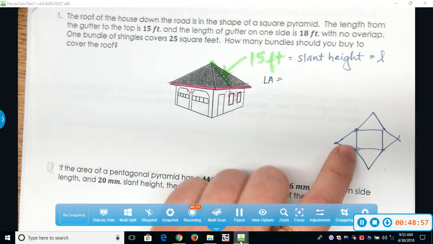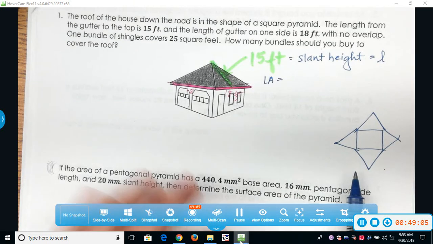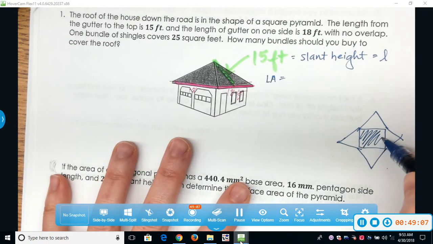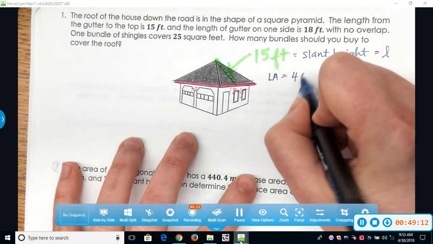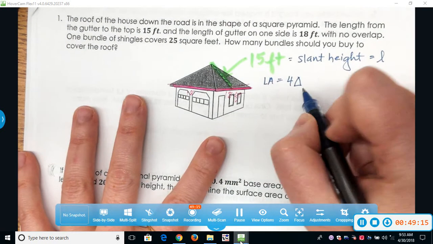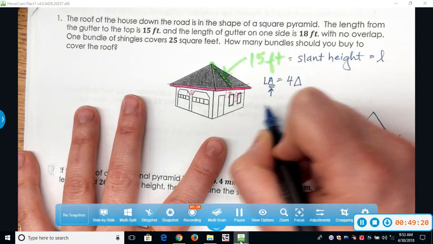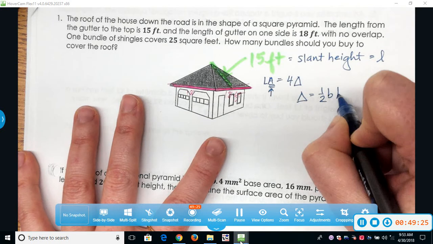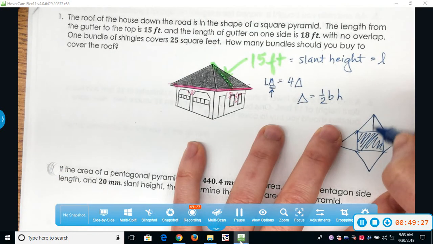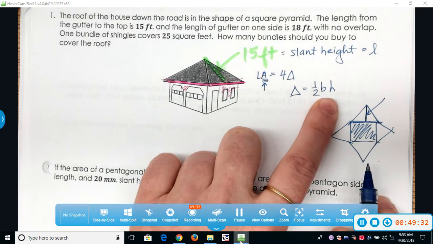I'm just doing the 4 congruent triangles. Remember, we're doing lateral area. For a triangle, area is 1/2 the base times the height. That's why they give you this slanty height, because it's the height of the triangle that you need.